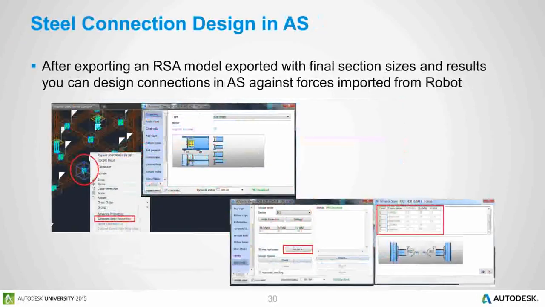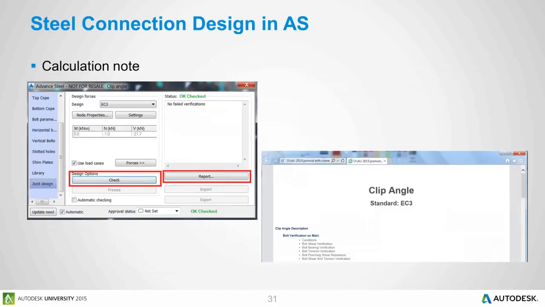As I mentioned at the beginning of the webinar, you can also use the link to design steel connections in Advanced Steel. What I already presented is that there is a joint design tab where you can select the forces from Robot that you want to use for the design, and there is a report button which generates the calculation note in the HTML format.